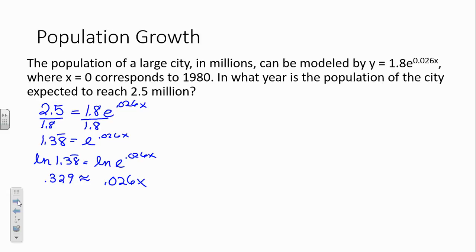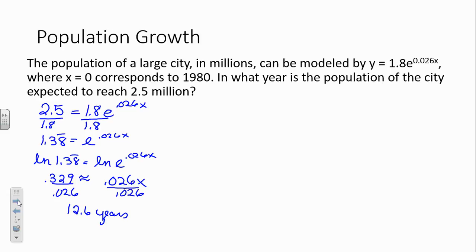And so we want to get the x by itself, we divide. And I have not cleared my calculator at all. I kept everything in there pristine. So when we get 12.6 years, that's really 13 years later, right?